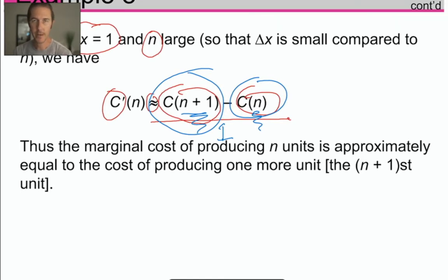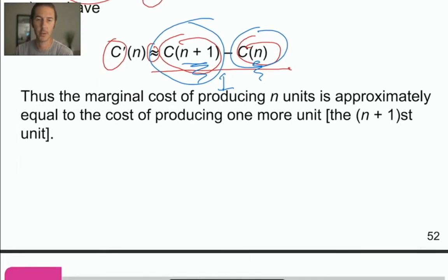Why would that ever be valuable? Well, you compare that to the revenue generated by selling the n plus first unit, and then you do revenue minus cost, you get profit, and then you can determine if your profit is a positive number or a negative number. Clearly, that's valuable. So you need to do this kind of analysis for cost and revenue so that you can apply it and look at profit overall.